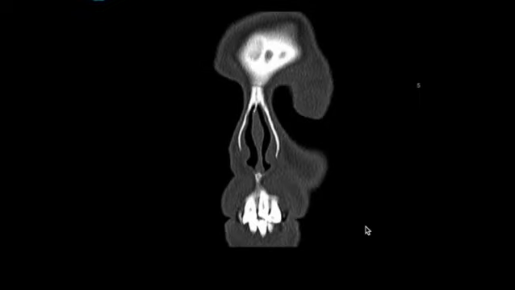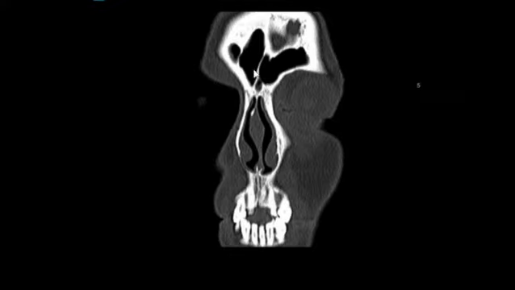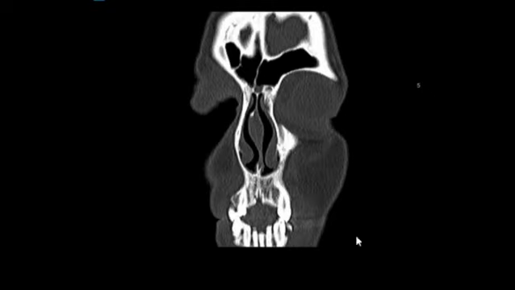As we advance, the first thing that we see is the frontal sinus, quite obvious, and there is a septa dividing it into right and left. We move further and you can see the inferior turbinates. I'm going to use this ellipse to point out the structures that I'm talking about.